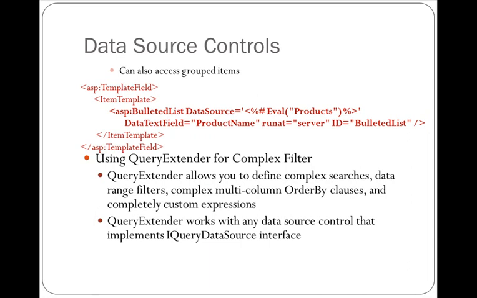Although the LinqDataSource control actually has built-in capabilities for filtering data, these capabilities do not expose the full power that LINQ provides to create queries that include filters. This is where the QueryExtender comes into play. It allows you to define complex searches, data range filters, complex multi-column order by clauses, and even completely custom expressions.